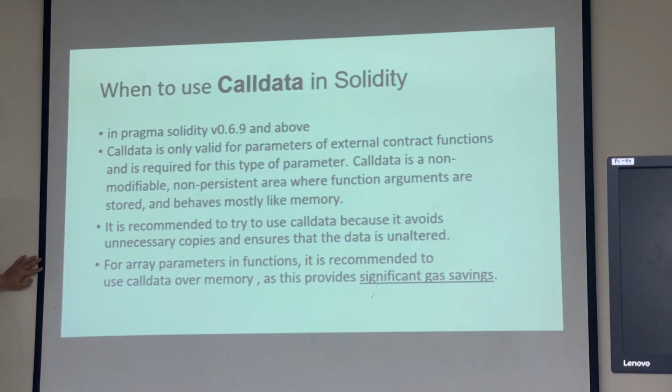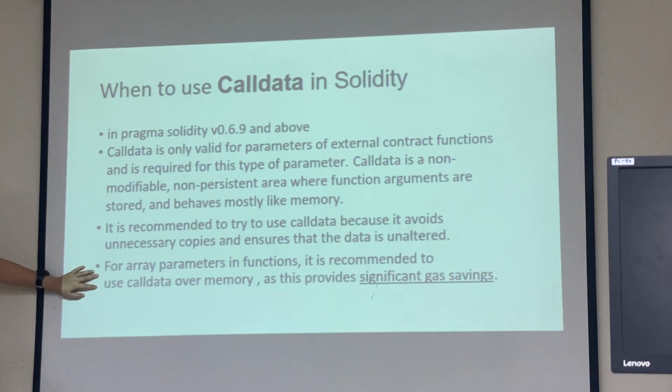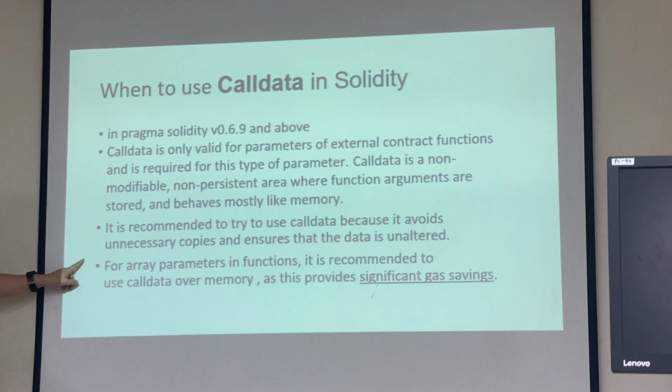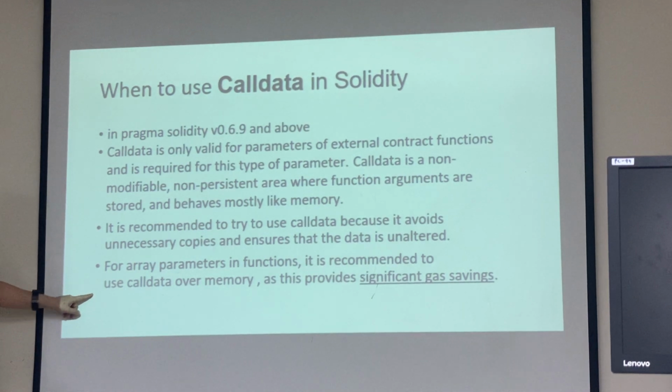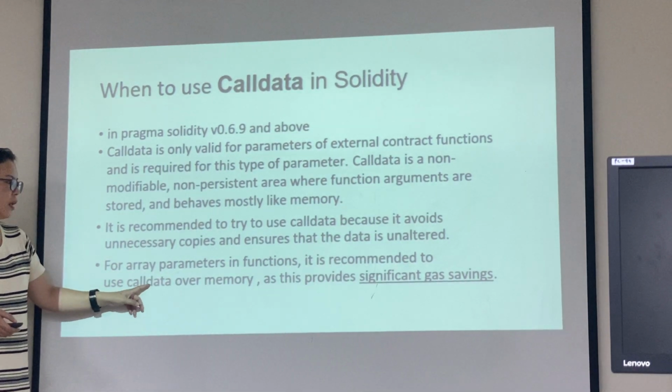For an array parameter in a function, it is recommended to use calldata over memory. Another situation where we use calldata is when there is an array parameter in a function, because it provides a significant gas saving. Why use calldata over memory?